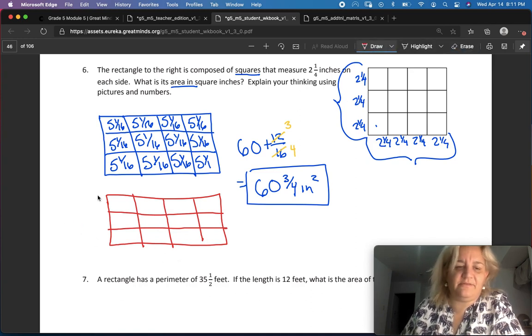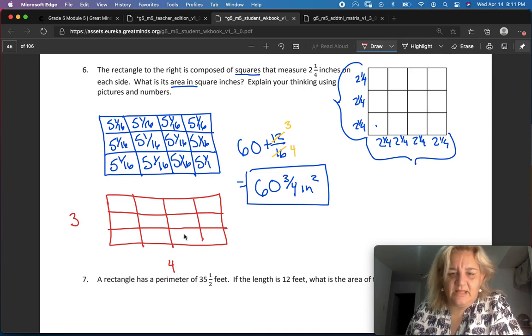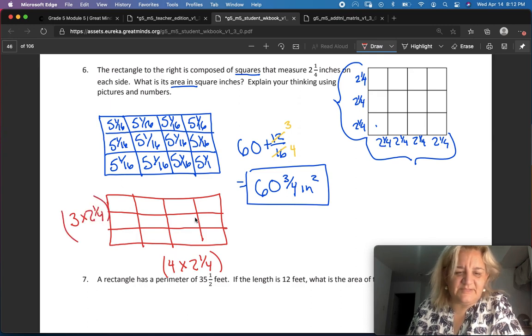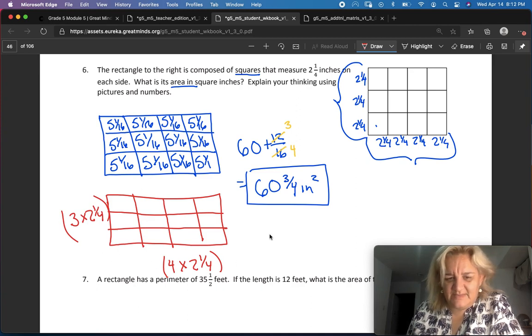I've got 3 and 4, okay? So let's see. Each of these is 2 1/4, so it's going to be 4 times 2 1/4. And then each of them on this side is also 2 1/4, so that's going to be 3 times 2 1/4. Let's multiply those together, because length times width, right? This is still the length and that's still the width. Let's multiply those together and see if that works.